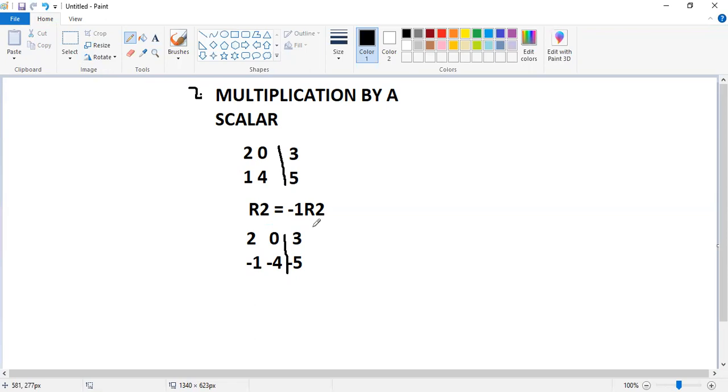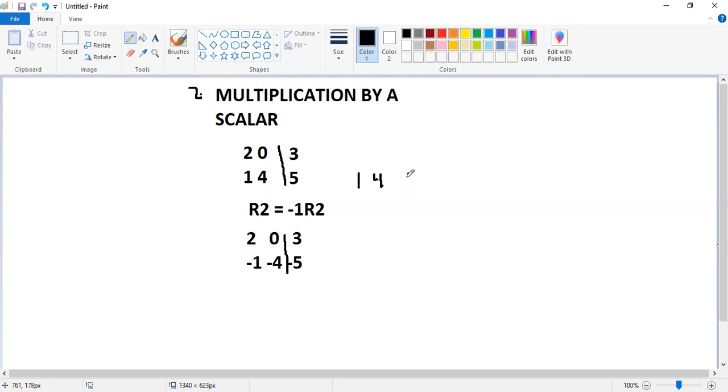You can also divide any row by a scalar, by any number. So just as we did the multiplication, multiplying by -1, we can also choose to divide row 1 by 2. So when we divide row 1 by 2, now the change is on row 1. So it means row 1 is going to change, but row 2 remains the same. So you first write your row 2 so that you won't get confused.